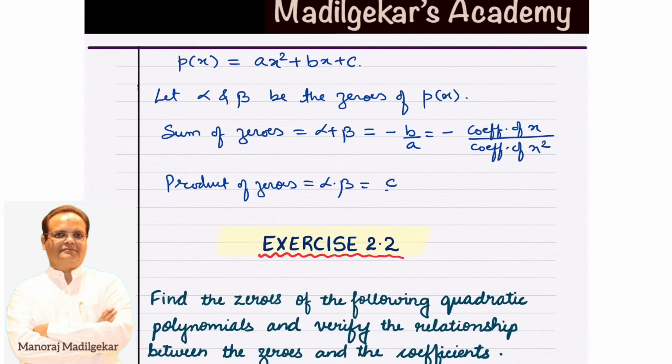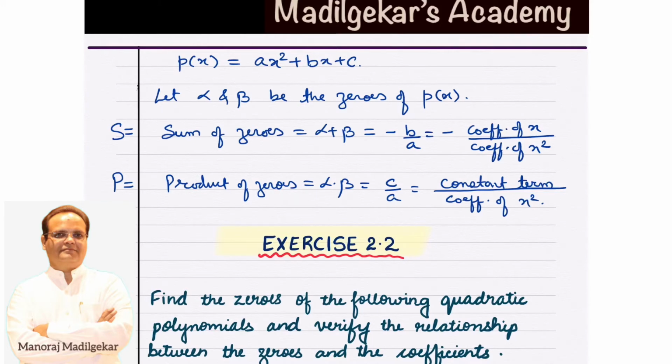It will always be c by a, means you can say constant term upon coefficient of x square. So from now we'll denote the sum of zeros by s and product of zeros by p.